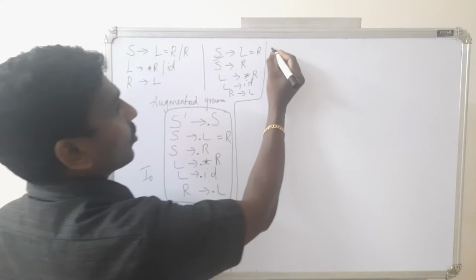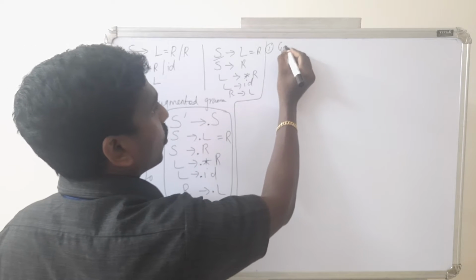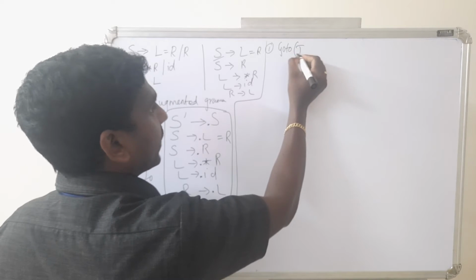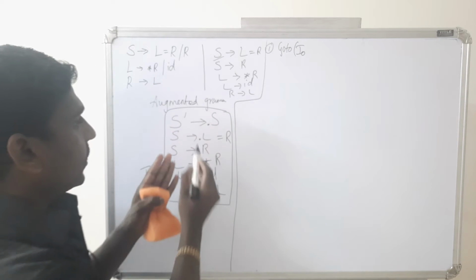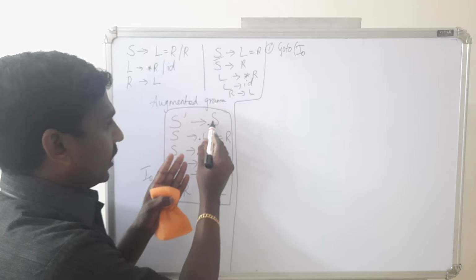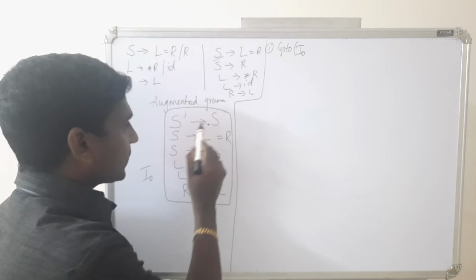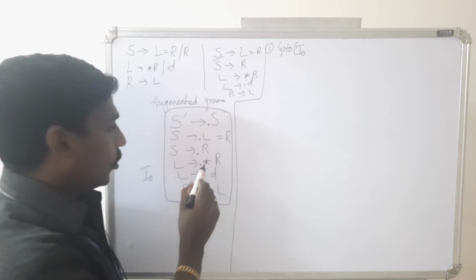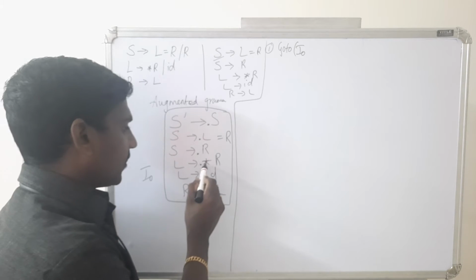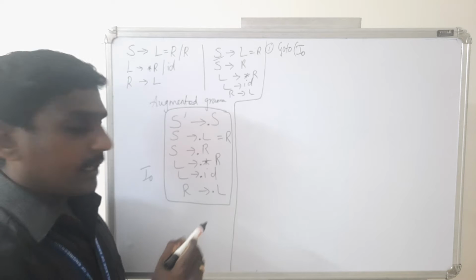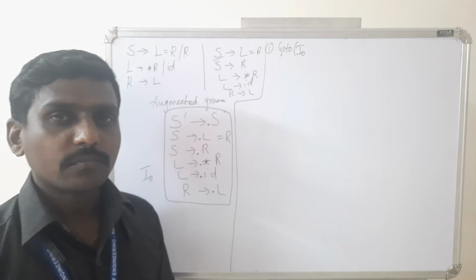Now the first step is go to of I0 comma, where we have to check the dot near to the variable. We want to find go to of S, go to of L, go to of R, go to of star, and go to of ID.